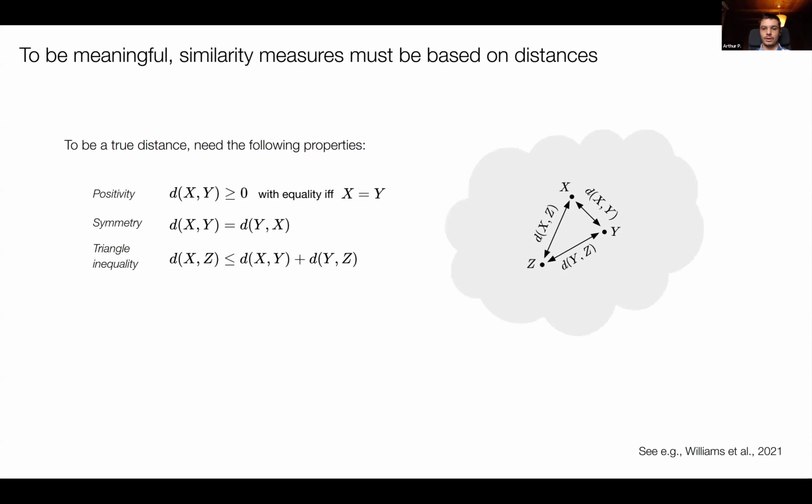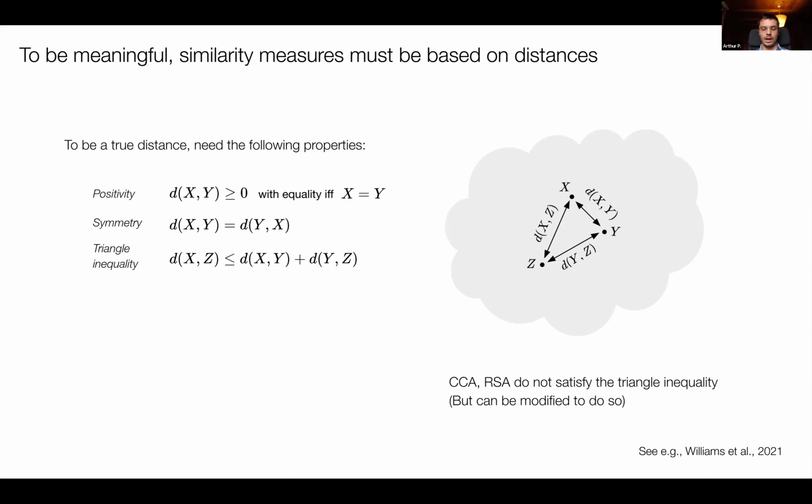If I have three different networks with three different activation matrices, x, y, and z, I want the distance between x and z to be less than or equal to the sum of the distances between x and y and between y and z. Some methods satisfy these properties.